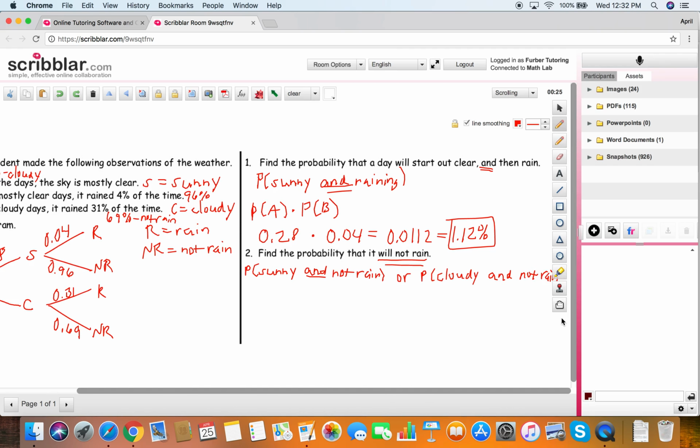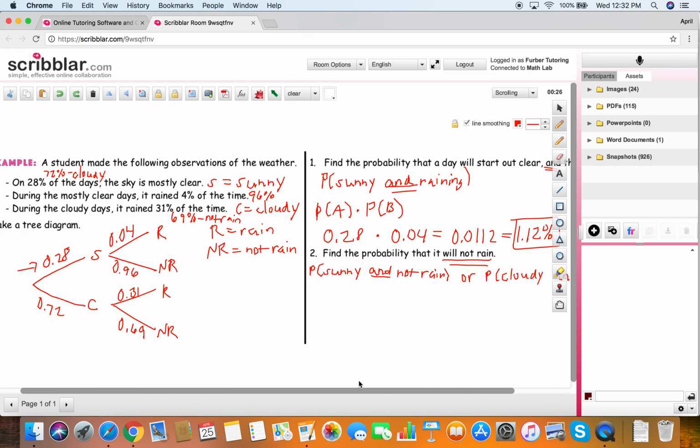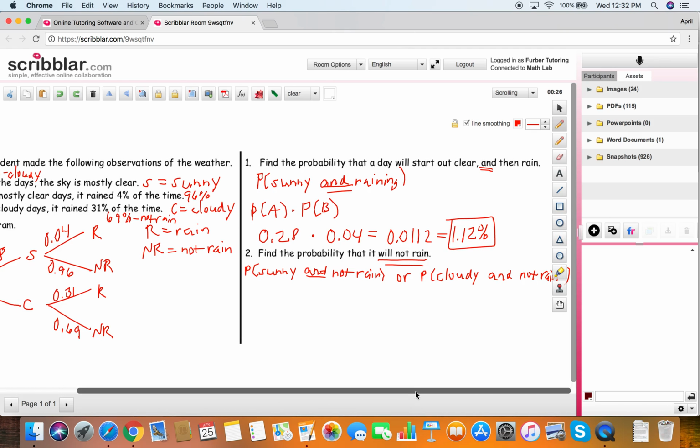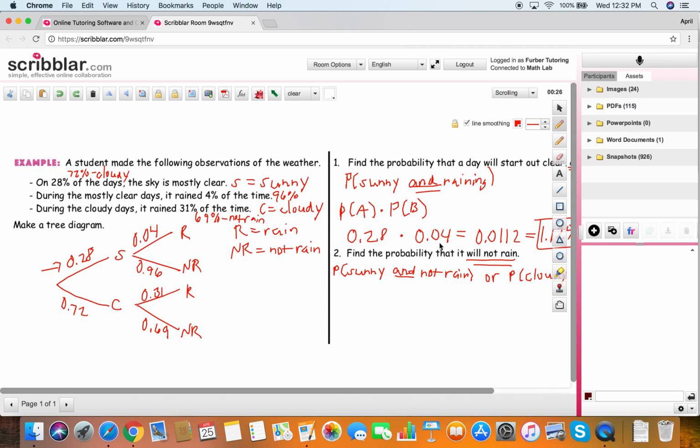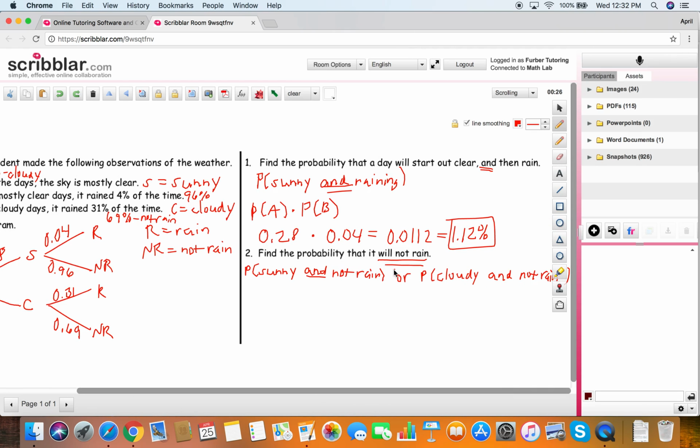Okay, so there are my two possibilities of what it could do and when it could rain. At this point I'm going to have to do a little more complicated problem. See how it has the or in it, but then inside it also has and, right?